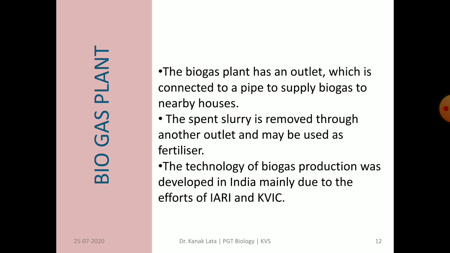Spent slurry means the slurry from which the biogas has already come out. So that spent slurry is removed and can be used as fertilizer. Due to the efforts of the Indian Agricultural Research Institute, that is IARI, and Khadi and Village Industries Commission, that is KVIC, technology of biogas production has been developed in India.